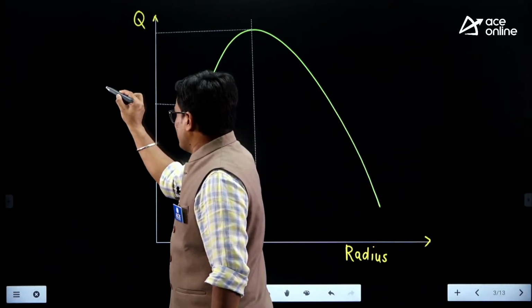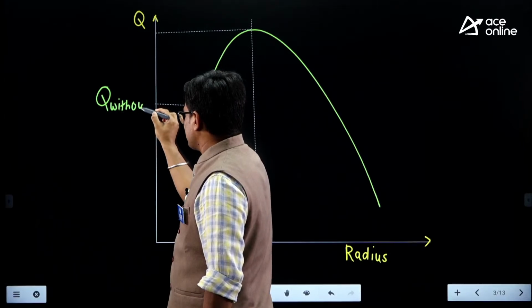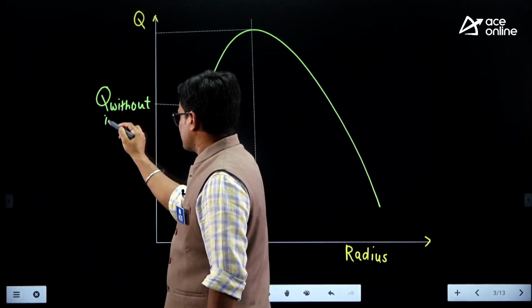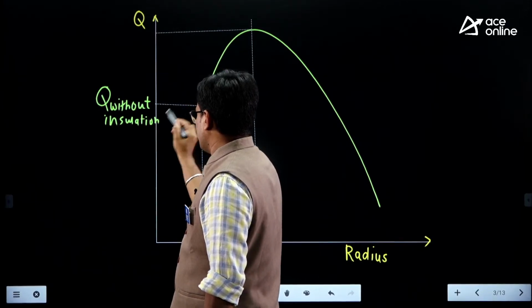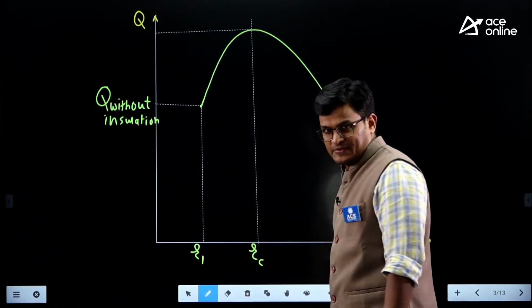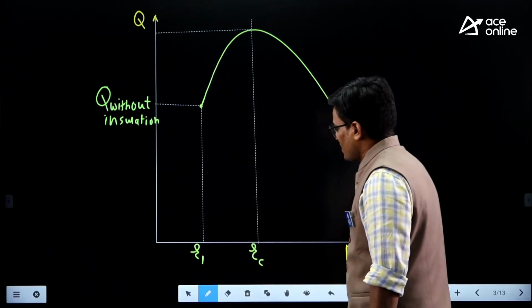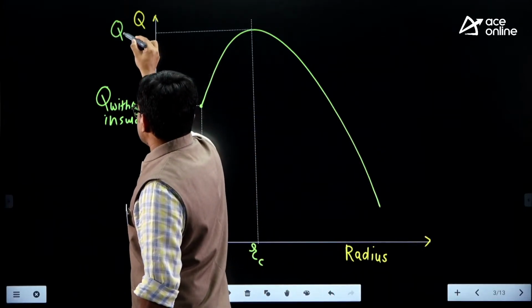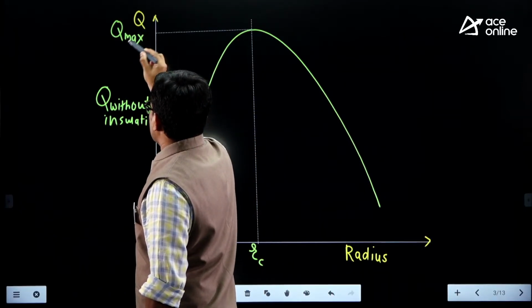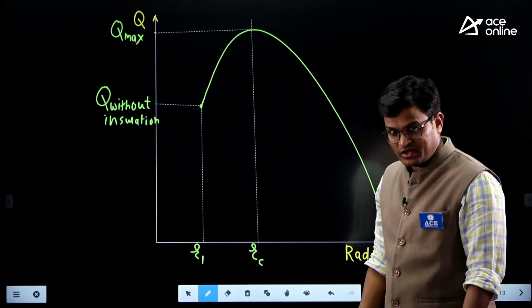So here you will get Q without insulation. If there is no insulation, this is the heat transfer. And at this radius, this is Q max. That's it, so this is the graph.